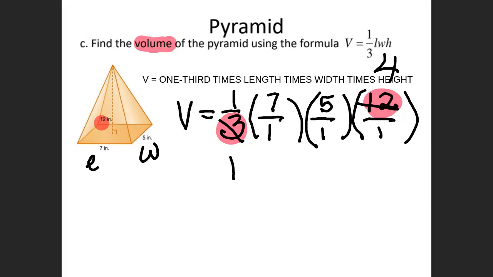You will still get the same answer if you take 1 times 7 times 5 times 12 in the numerator and 3 times 1 times 1 times 1 in the denominator, and you will still get 140 units cubed. Okay. Any question with this?